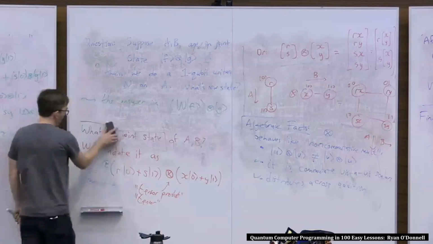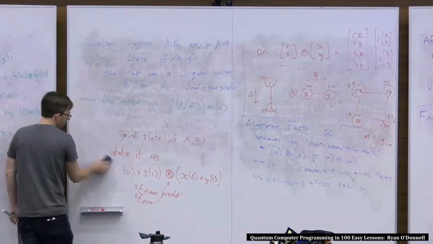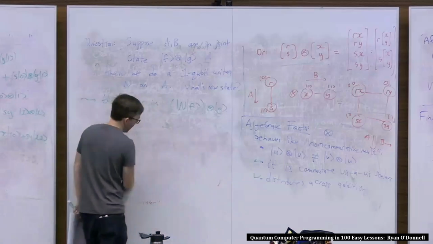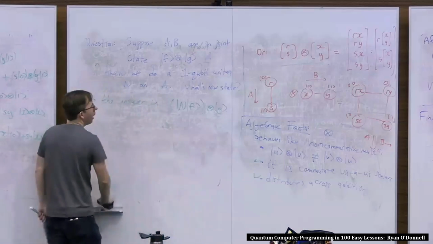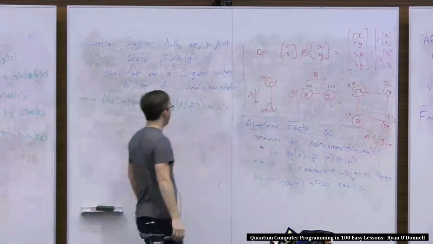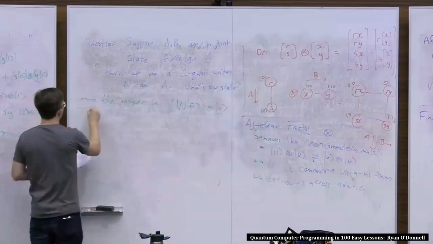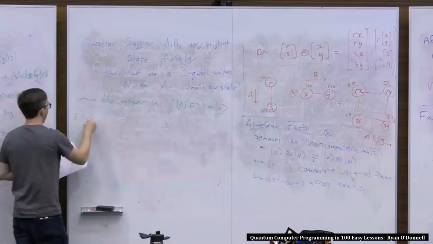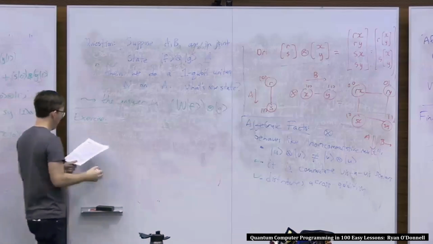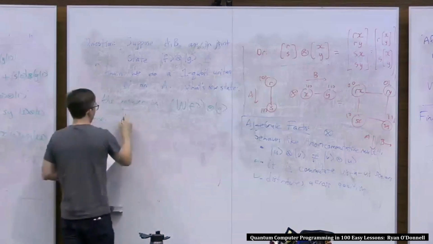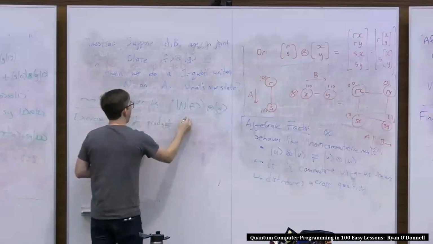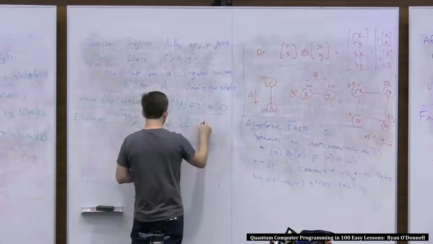There's one more fact that I'm going to skip proving, and I shall leave it to the homework. There are a lot of these algebraic facts that it's good to learn once you learn about this tensor product symbol. I'll just tell you this one and call it an exercise. You can probably prove it as I'm lecturing. Let's say you're interested in the dot product of two states that look like this.